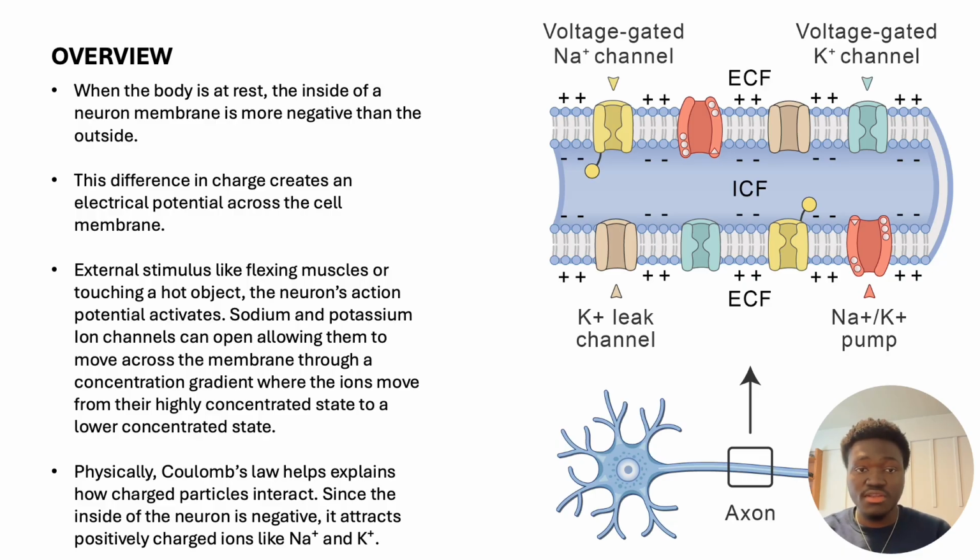When the body feels something external that causes a reaction, like touching a hot object, the neuron activates its action potential, moving Na+ and K+ ions across its membrane through voltage-gated channels that are respective of the ions. And physically, with Coulomb's law, where opposite charges attract, this is effectively seen in the behavior of the neuron cell.